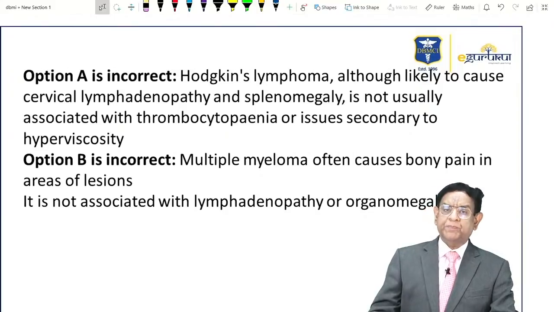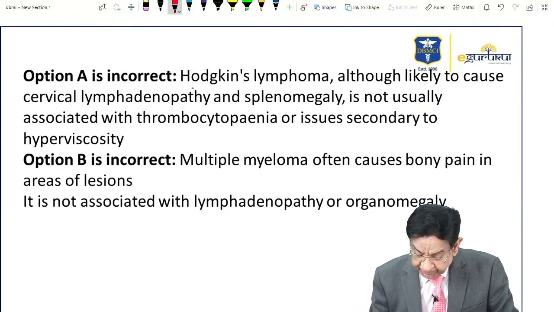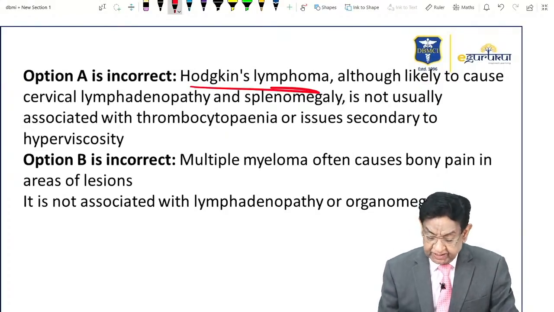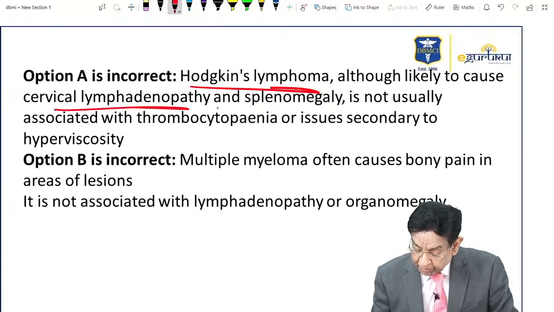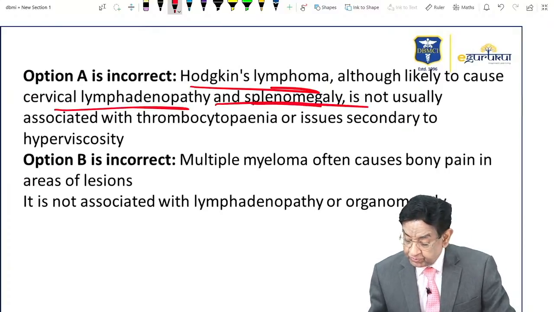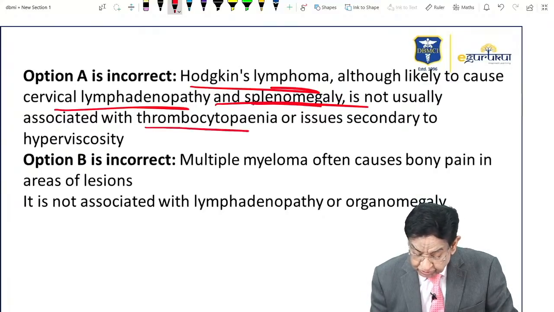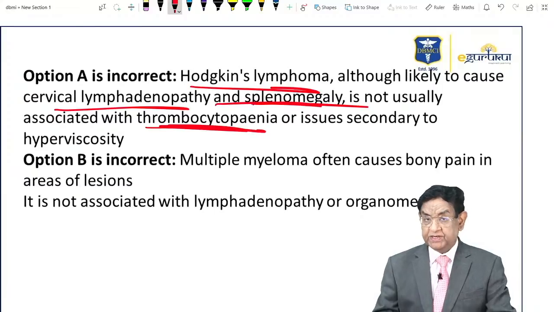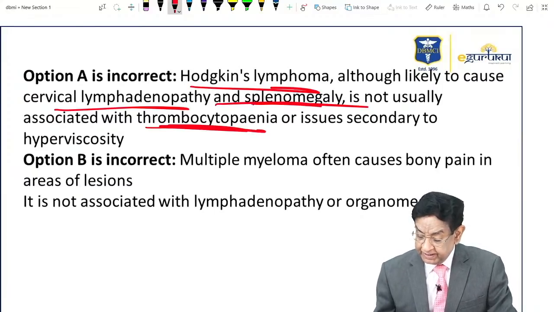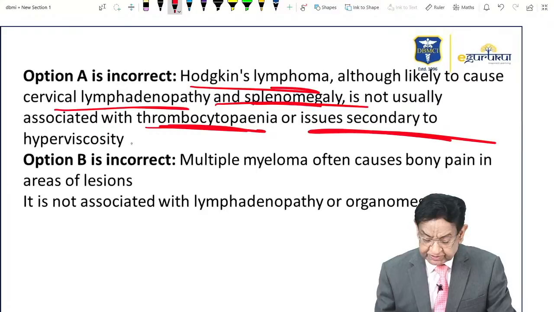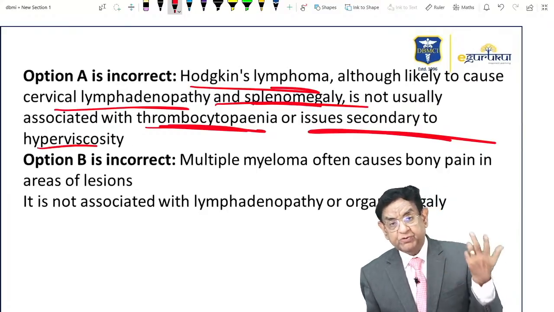Let's look into the other options. Option A, Hodgkin lymphoma. In Hodgkin lymphoma, lymphadenopathy can occur, splenomegaly can occur. But thrombocytopenia is not a feature of lymphoma, and of course there are no features secondary to hyperviscosity.